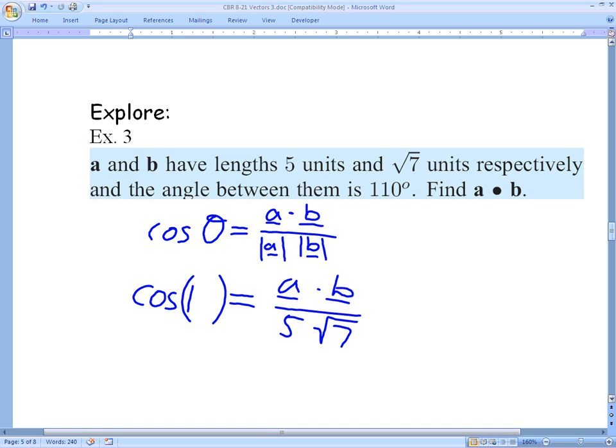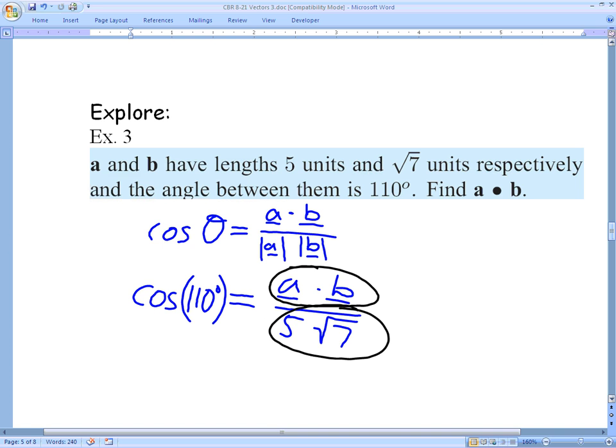It's 110 degrees. And again, we're treating A dot B as our only variable. So at this point, we just have one variable left, so we can do some algebra to solve it. We're trying to get that alone. So the only thing that's keeping A dot B from being alone is all this stuff here in the denominator.